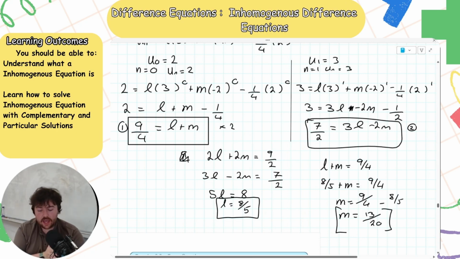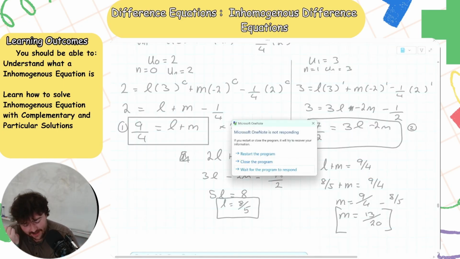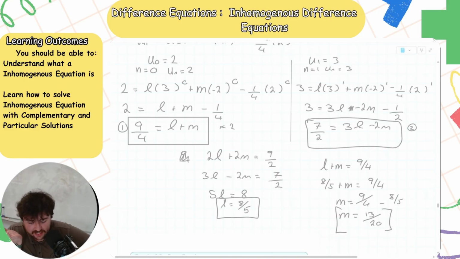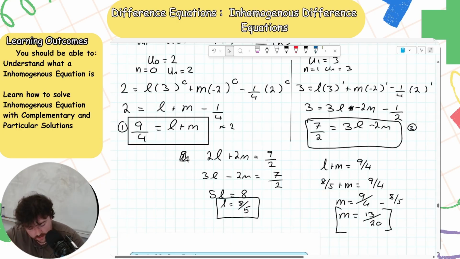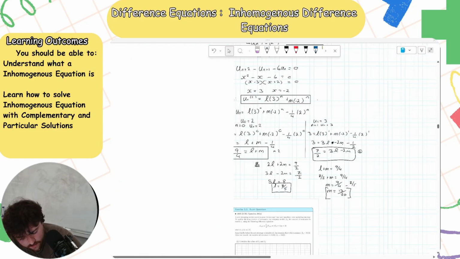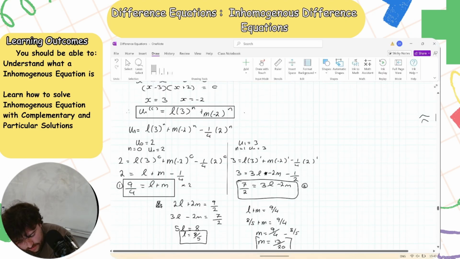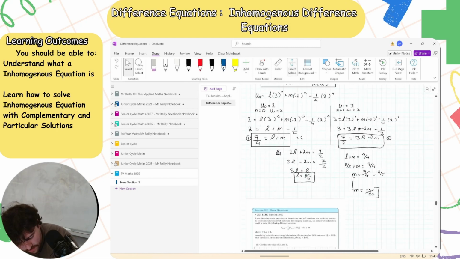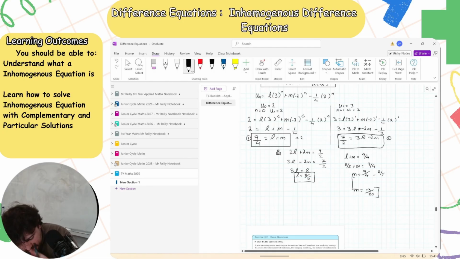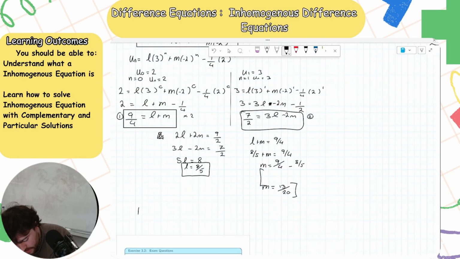Therefore, my full solution to this will be u_n equals L times 3 to the n, so 8 over 5 times 3 to the n, plus M times minus 2 to the n, that'll be 13 over 20 times minus 2 to the n.